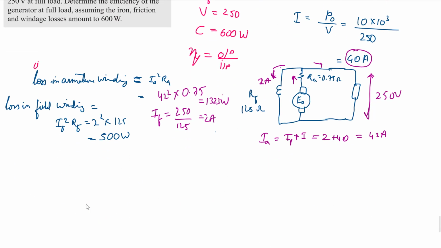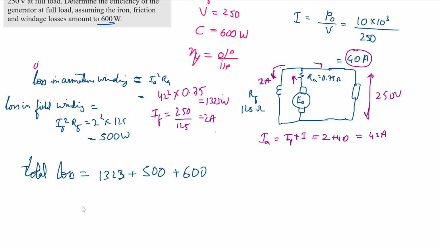So the total loss is equal to the loss in the armature winding, that is 1323 watt, plus loss in field winding, 500 watt, plus the constant loss, 600 watt.